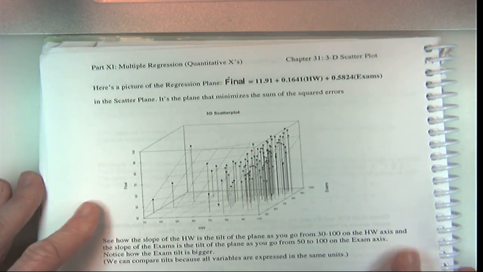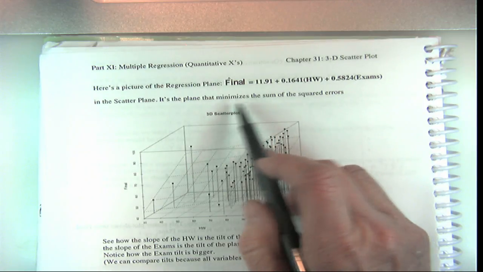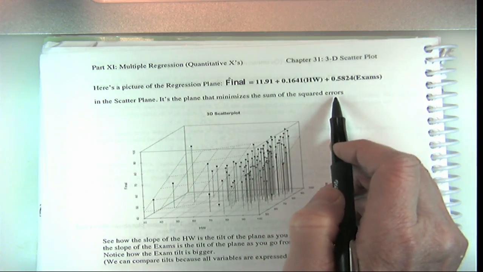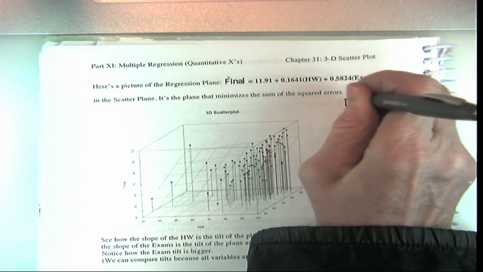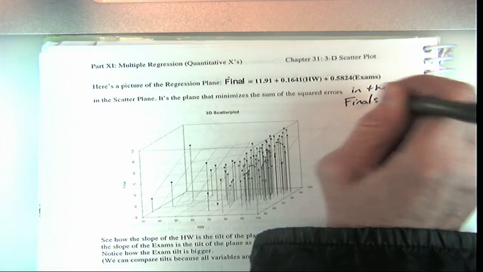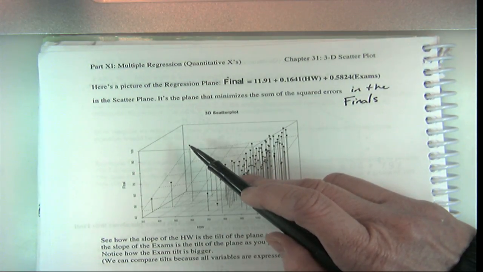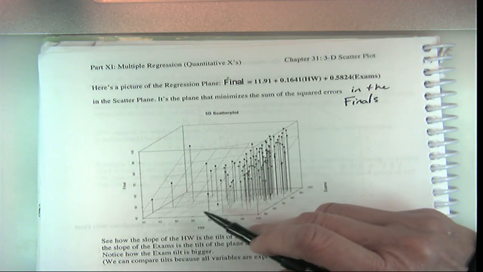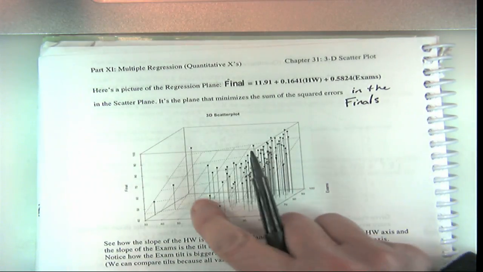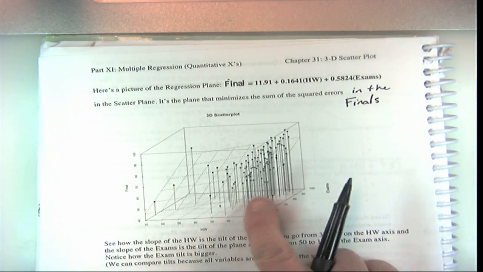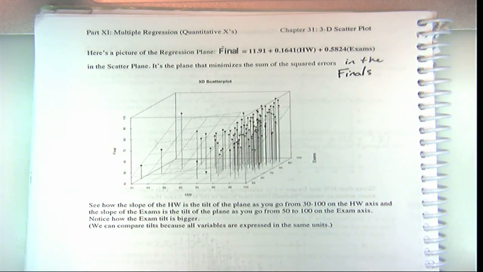So let's look at the next page. And here's a picture of the plane. You can see it. It's the plane that minimizes the sum of the squared errors in the finals. You see, this has a big error. That person was expected to get a much lower score, and look how high that error is. But you can't hit them all, so that was a big residual. Maybe you can see this plane better if I show you.